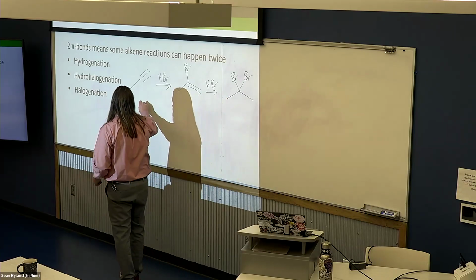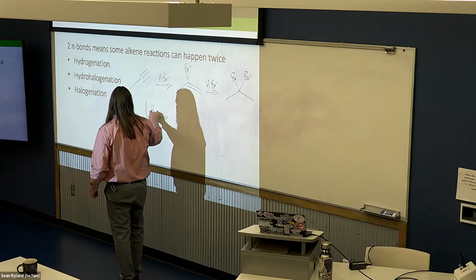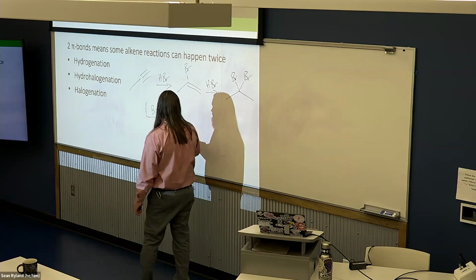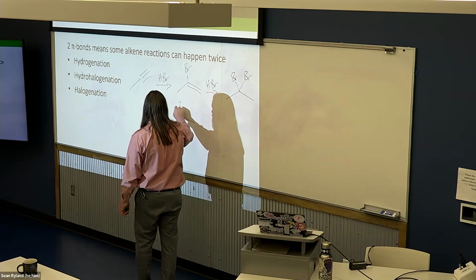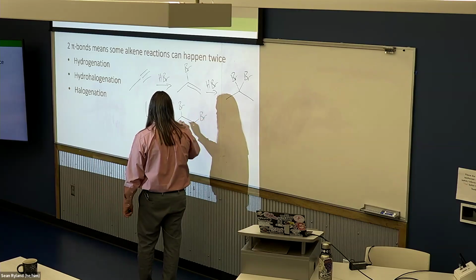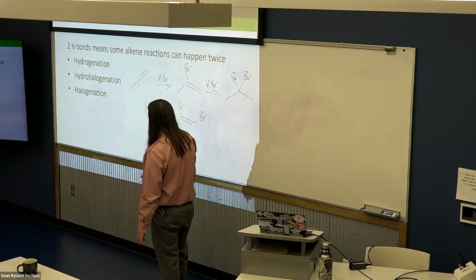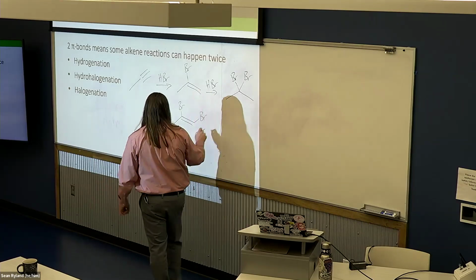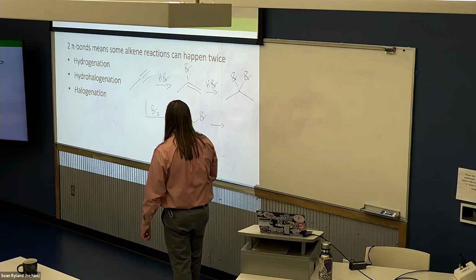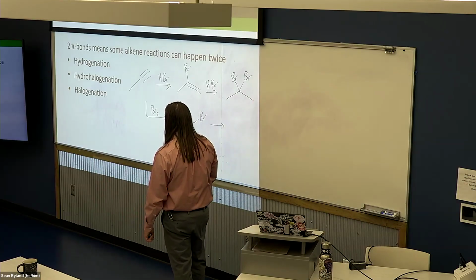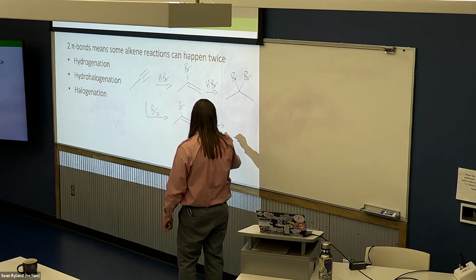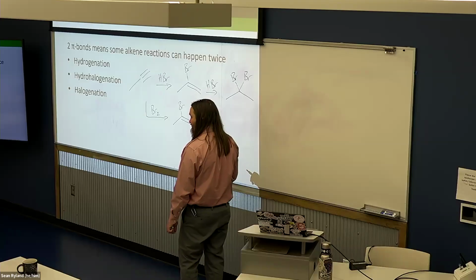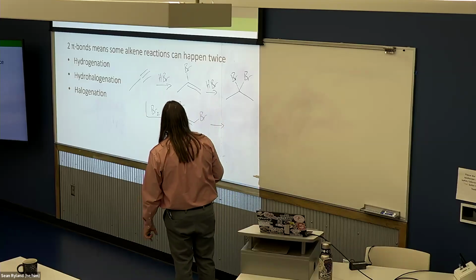Halogenation. If we had it like this, with a bromine to each side, you break the pi bonds. So we start with the same. I appreciate that you're taking note of non-standard arrows and wondering what they mean, because we pay attention to that.